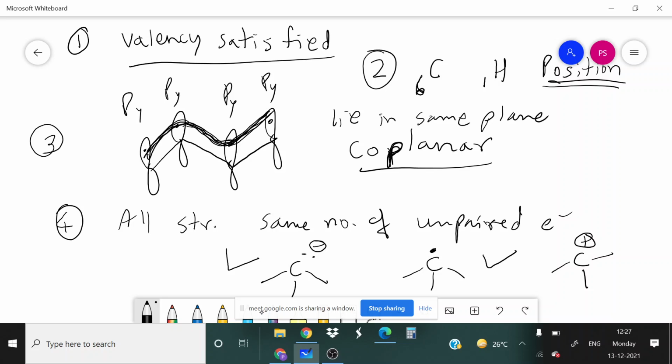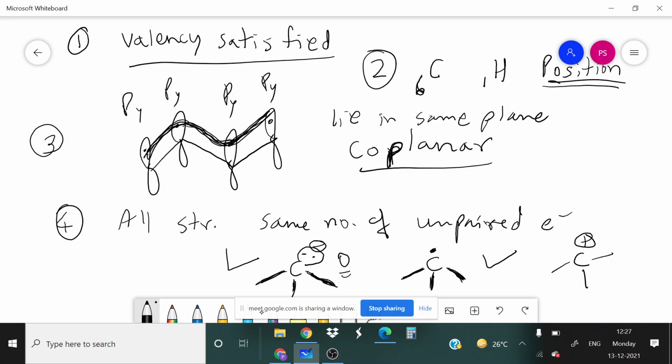You can see one bond means one bond pair of electrons, second bond pair of electrons, third bond pair of electrons, and fourth lone pair of electrons. So all four pairs. Okay, so zero unpaired electrons are here. Here three bond pairs. One bond means two electrons, two electrons means one pair.